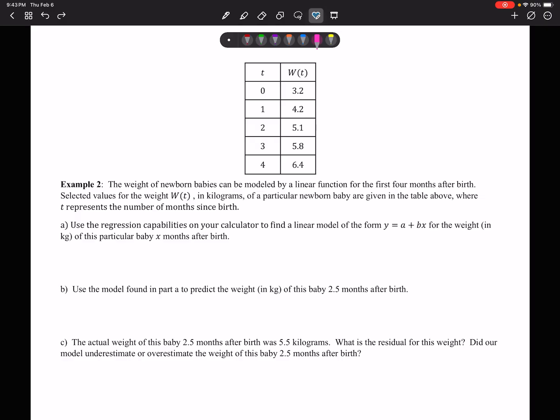So T represents the number of months since birth. Number of months after birth. I've run out of room, so we'll write it up here. After birth, number of months. And then this is the weight of the baby in kilograms.